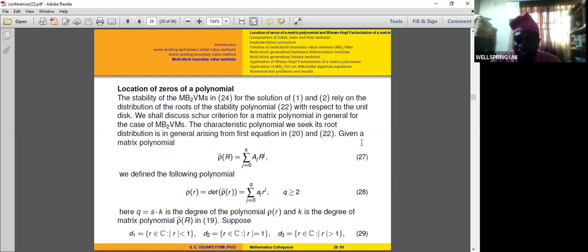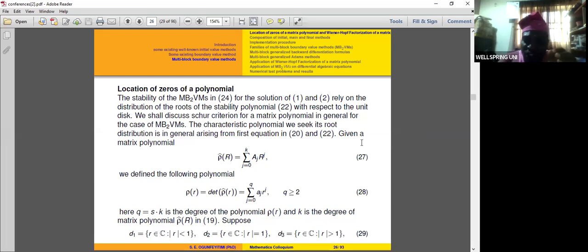We take the determinant of that matrix polynomial, and we have what is in equation 28. In equation 28, Q represents the dimension multiplied by the K step number of the block. S is the degree of the polynomial and K is the degree of the matrix polynomial.